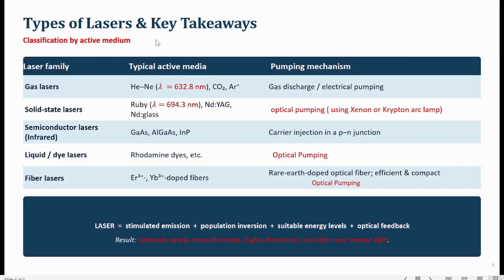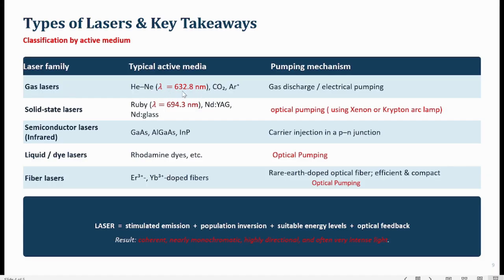Here I have shown some of the laser families: gas lasers, solid state lasers, semiconductor lasers, liquid or dye lasers, and fiber lasers. And then what are the different active media for these types of lasers, and what is the pumping mechanism.